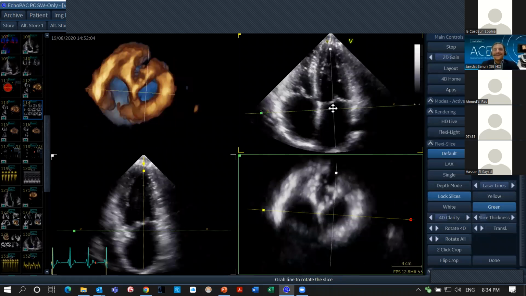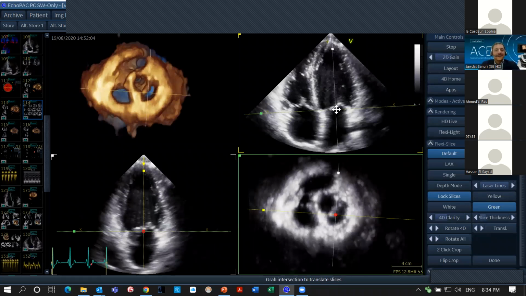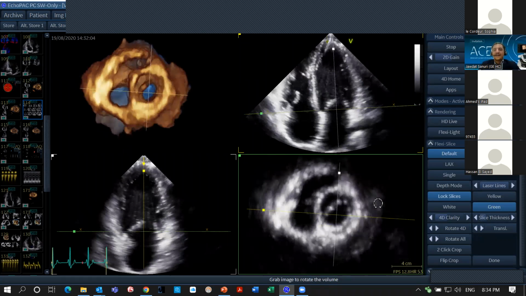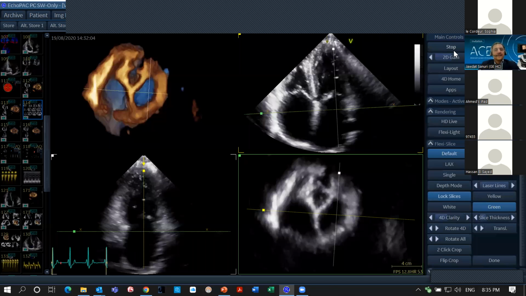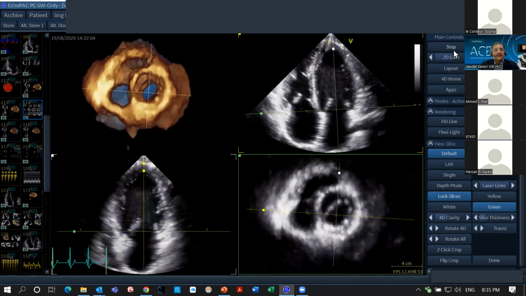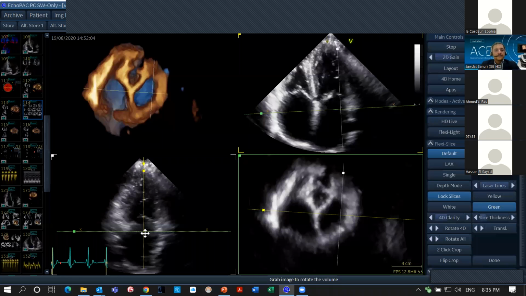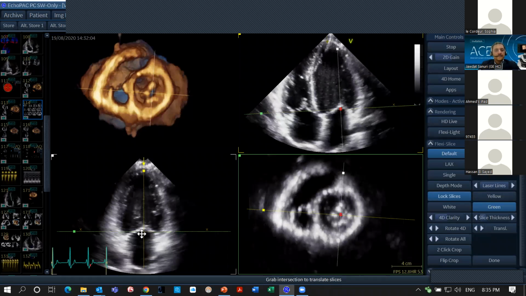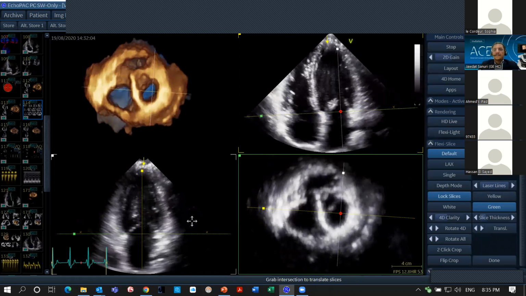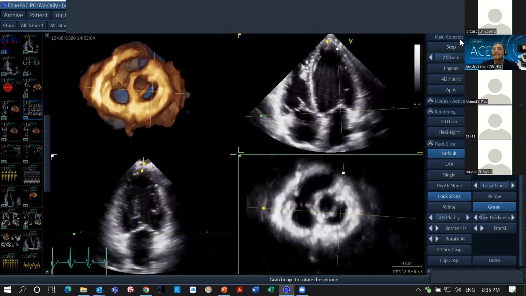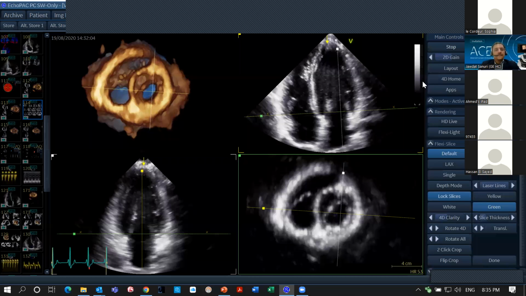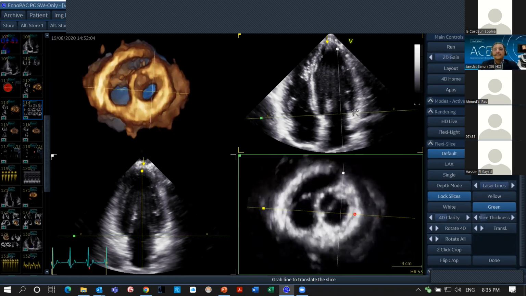That's a very good pointer. Maybe we can use this.